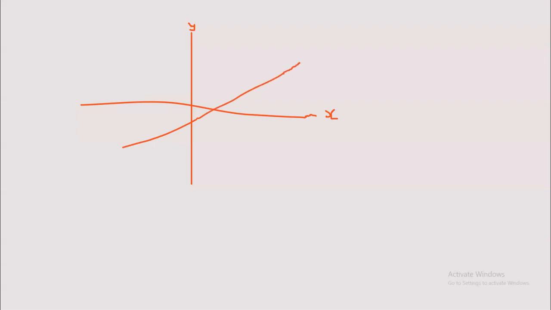And then the last thing that we can do: let's say tomorrow they give you a graph, with x here and y there. Let's say the graph is going like that, and it's cutting there, and here is negative 2.